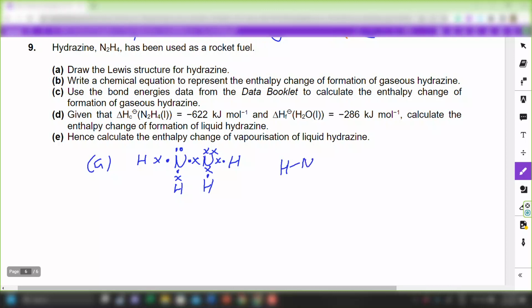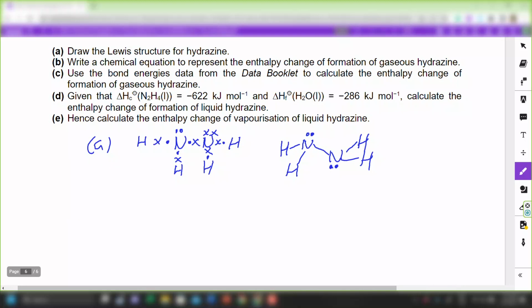Of course, for the Lewis structure, you have to remember to showcase the lone pairs of electrons on the central atom. You do not need to show the shape, but I just purposely drew it in to make it look nicer. Next, I need to write a chemical equation to represent the enthalpy change of formation for gaseous hydrazine, N2H4 gaseous.